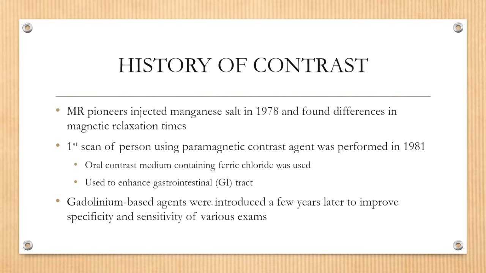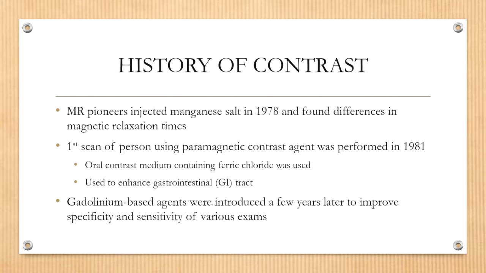So in 1981, they had been experimenting with different types of contrast agents that they could find. And the first person was scanned using a paramagnetic contrast agent. What they used was an oral contrast medium. It contained ferric chloride. And because it's oral, of course, we know that it is going to be enhancing the GI tract.